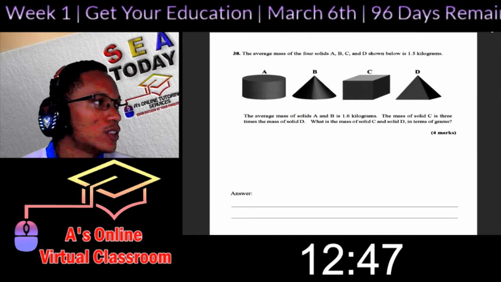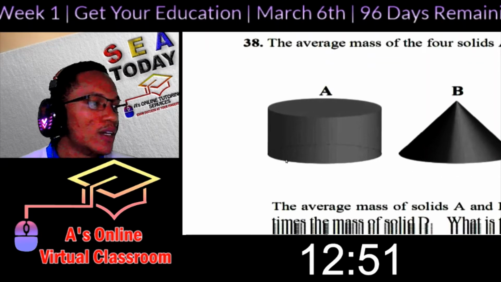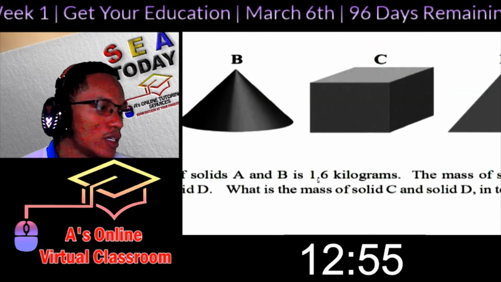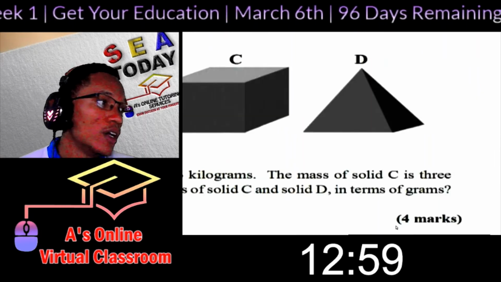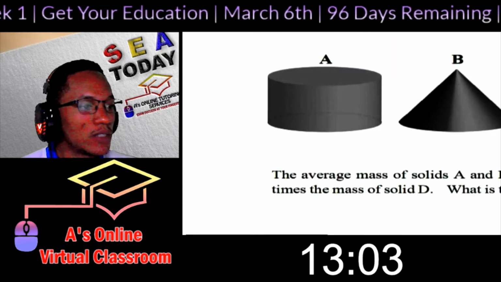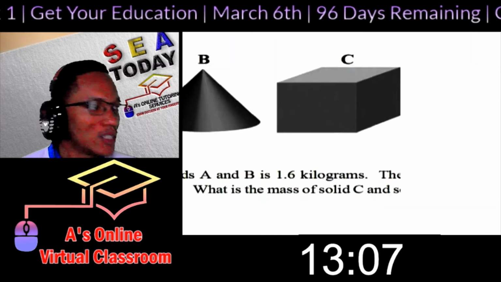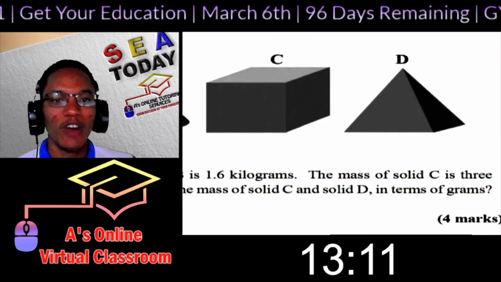Now the question goes even further to say that the average mass of solids A and B is 1.6 kilograms. The mass of solid C is 3 times the mass of solid D. So what is the mass of solid C and solid D in terms of grams?